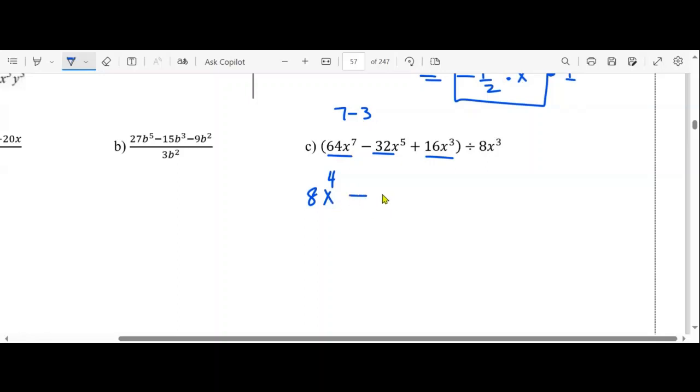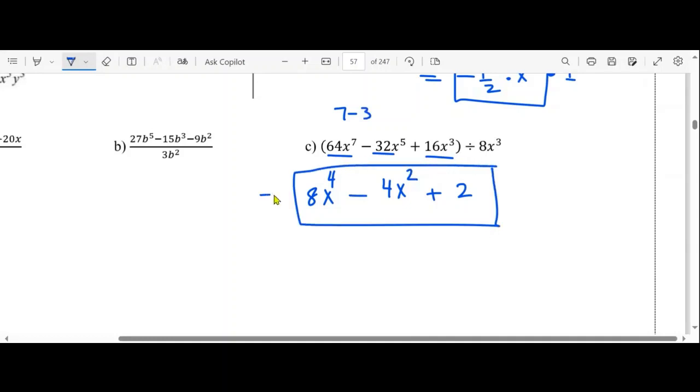Gives you 4. Right. Yalla, continue. 32 divided by 8. 4x power 2 plus 2. That's your final answer. Easy.